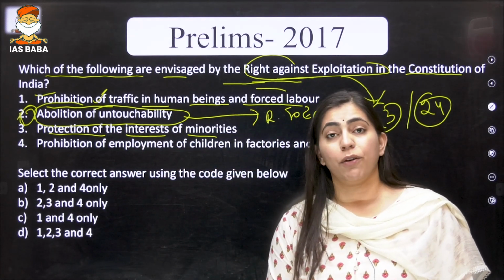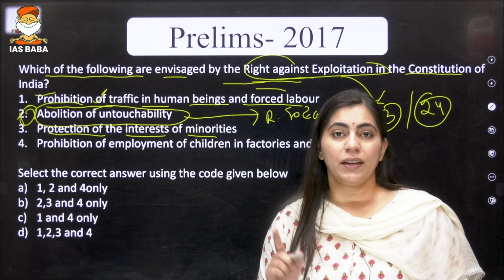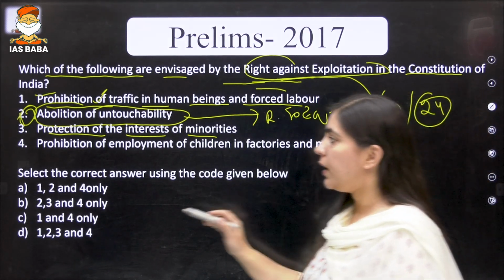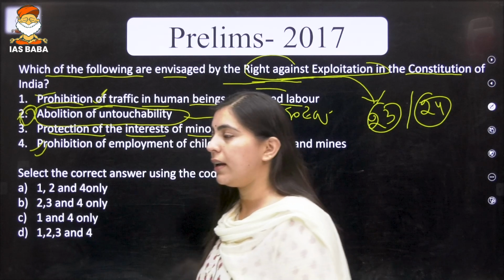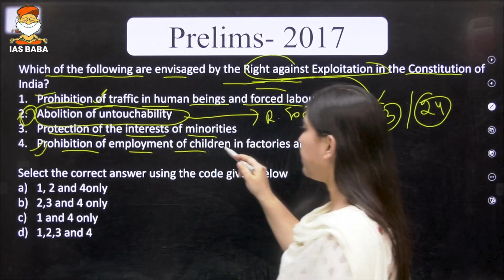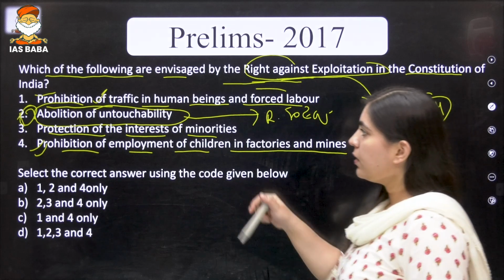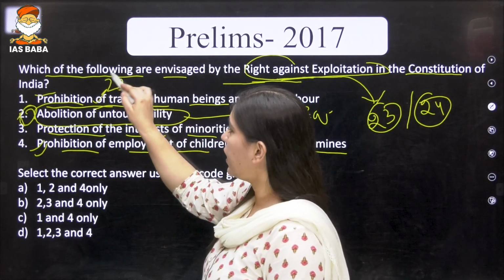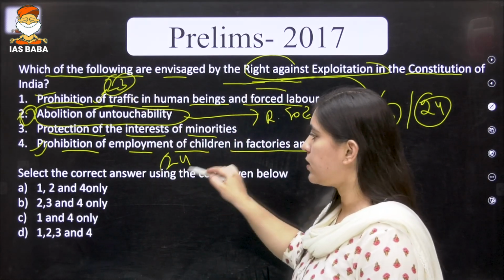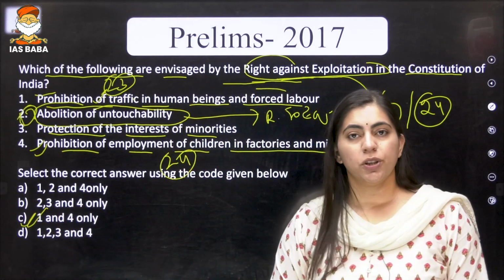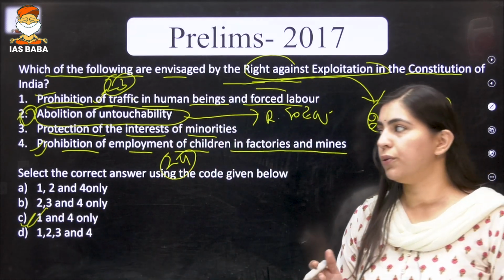Again, it is the part of cultural and educational right. It is not going to come under right against exploitation. Whereas fourth option is again correct. That is prohibition of employment of children in certain factories. Is it clear? So the first is Article 23 and the fourth option is Article 24. So our correct answer is option number C, that is 1 and 4 only.